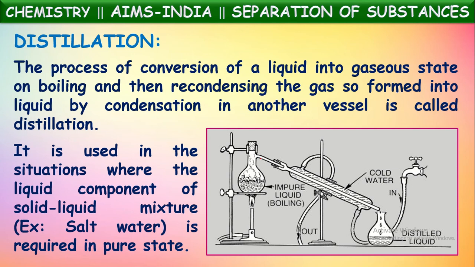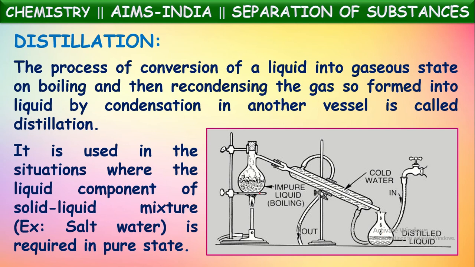The vapors of water are collected through this delivery tube, and on the way, that delivery tube is cooled by passing cool water around it. Then these vapors of water again will be condensed back and convert into small droplets of water. These droplets of water are collected in another container like this.